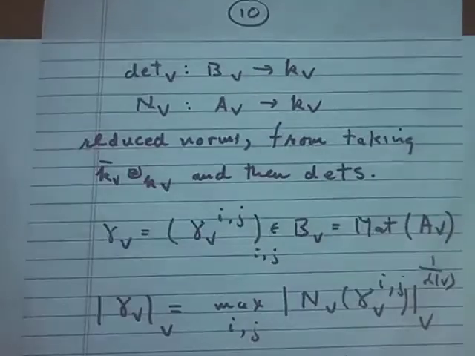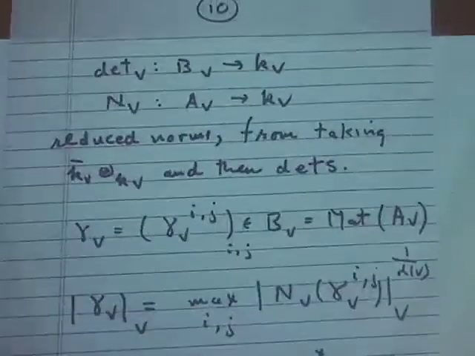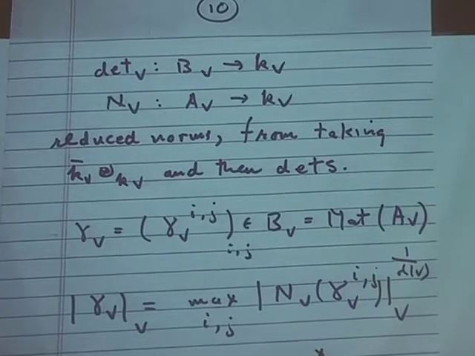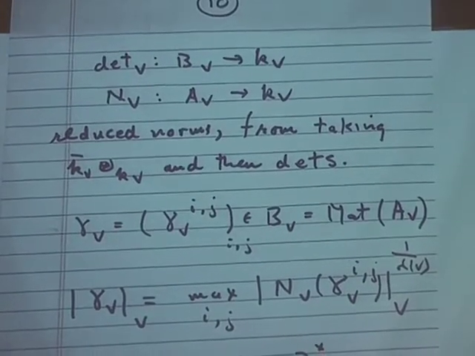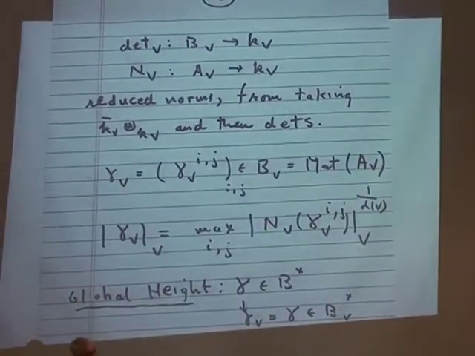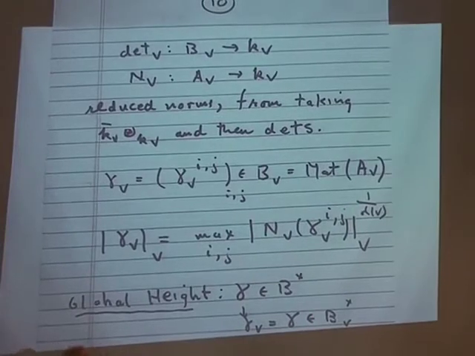So given the ability to describe the completions of the division algebra by matrices, the idea of coming up with a height is not too tricky. You just say, first I need to talk about some notion of height coming from elements of A sub b, and then extend it to matrices over A sub b.